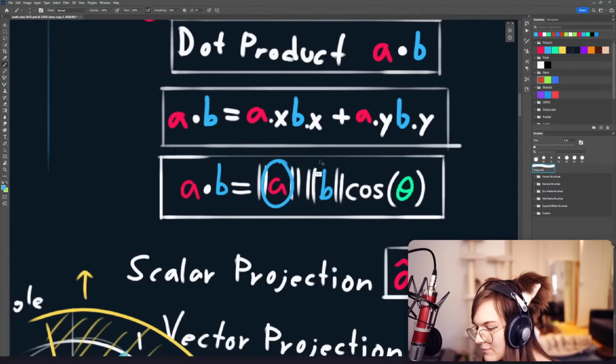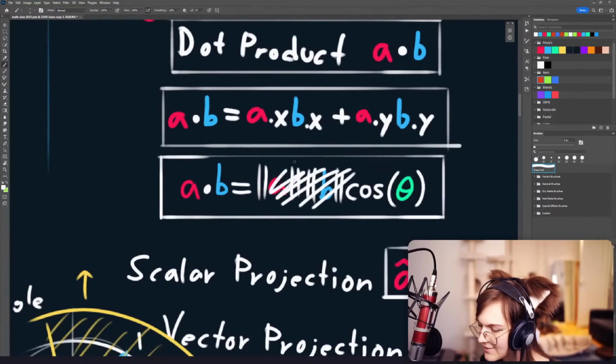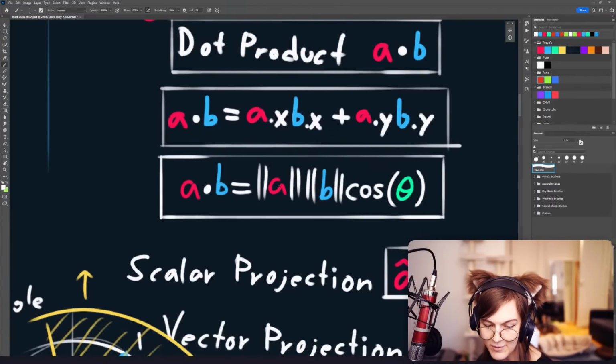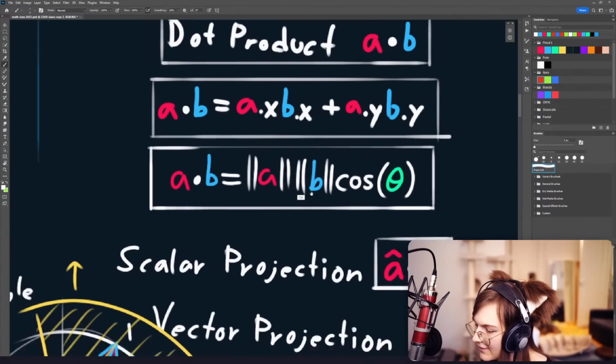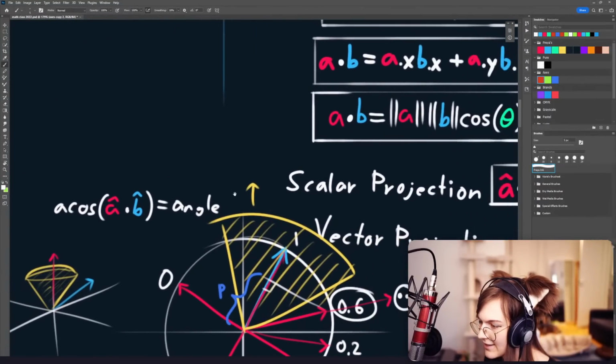So this is 1 multiplied by 1, and that's the identity multiplication value, right? And so it just does nothing. And so if these are normalized, then A dot B is just the cosine of the angle between them, which is super useful. And so that's why we can then use this to get the angle.